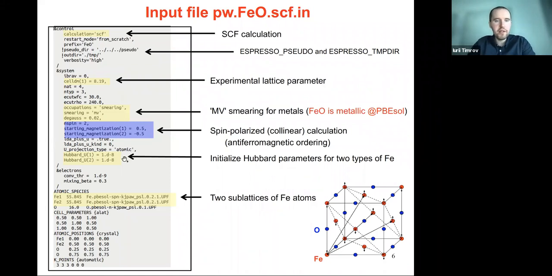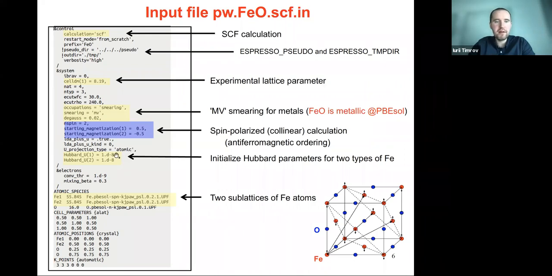And finally, we need to specify the value of the Hubbard U parameter, the effective Hubbard U parameter in this case. This is a trick. We essentially put it equal to 0 because we want to do a PBEsol calculation in this case, so without Hubbard U correction.